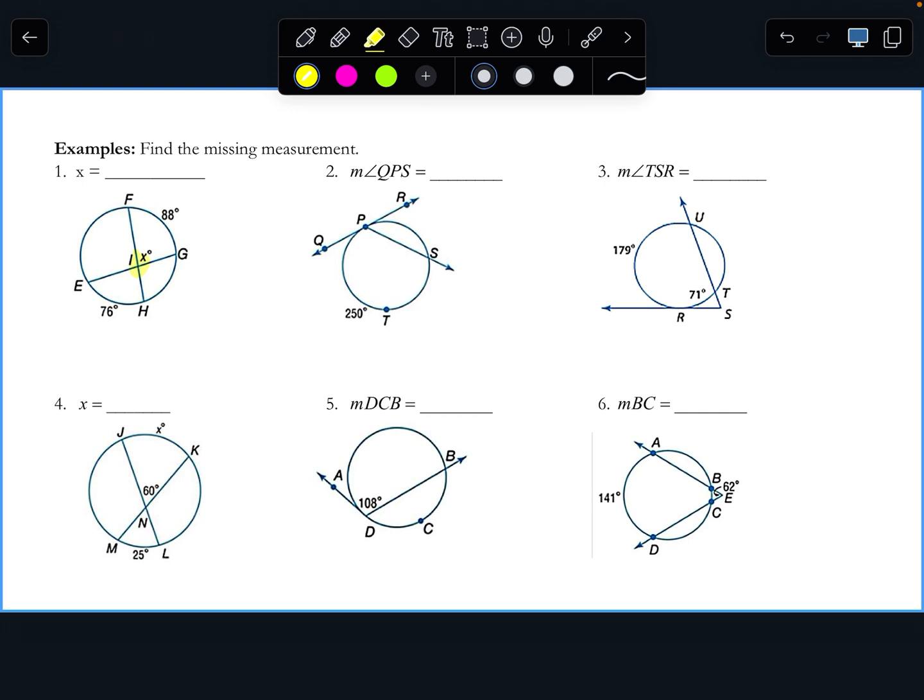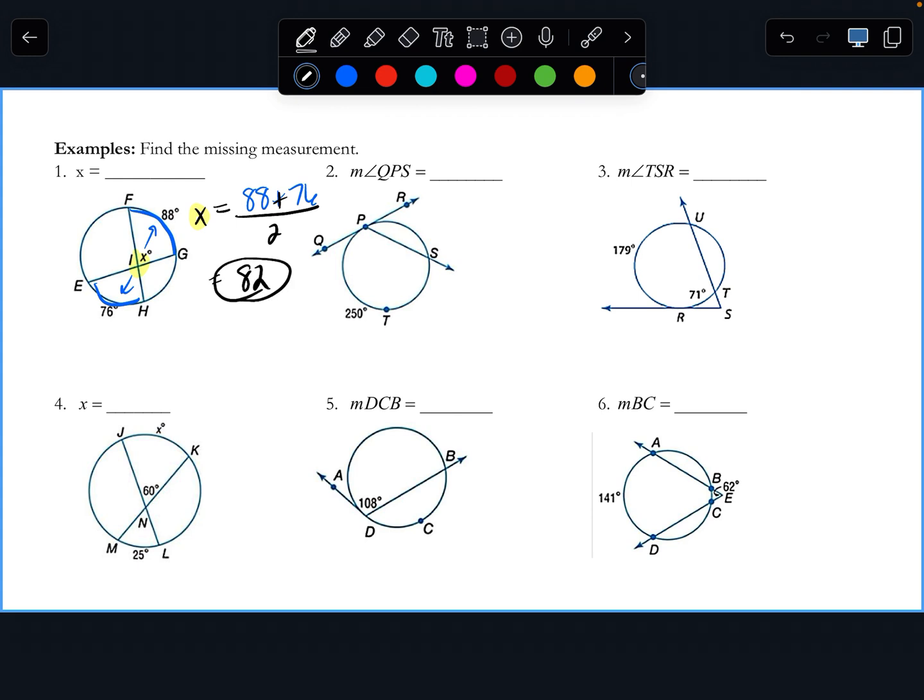X equals the two arcs across from it, 88 and 76, add them, divide by 2. That's the pattern for finding the angle. Then you just do the algebra: 140, 150, 164, so 82 is the answer for that one. You just add them and divide by 2.